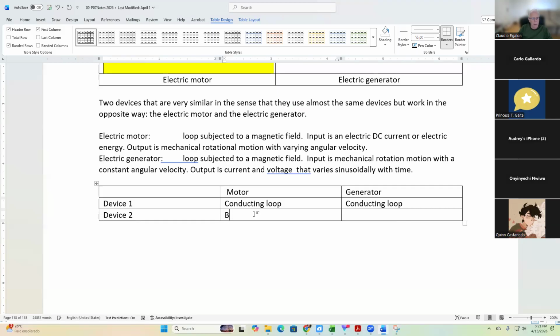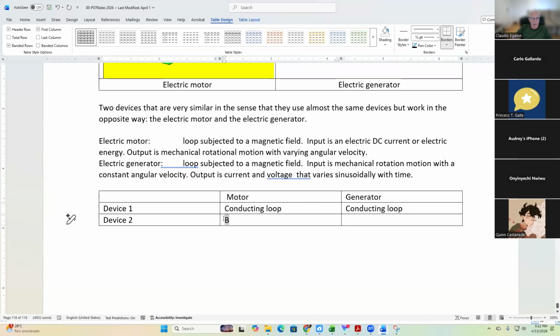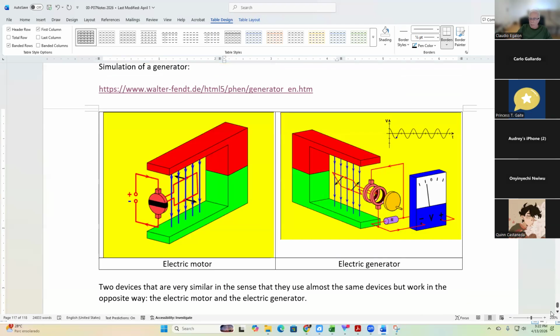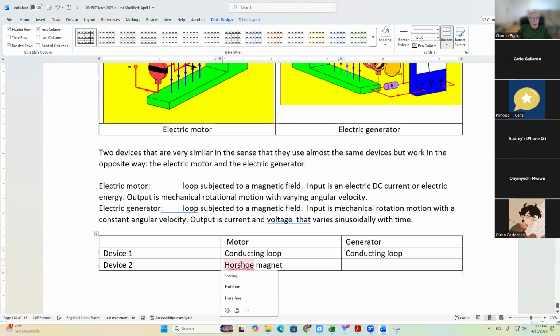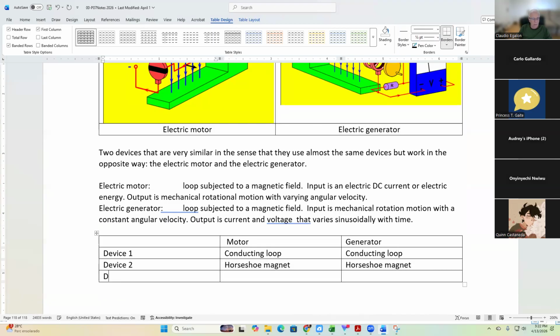Let's see, bar magnet. It's not a bar magnet. Horseshoe magnet, right? We also have a horseshoe magnet here.